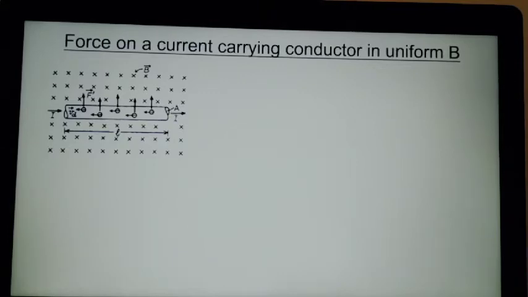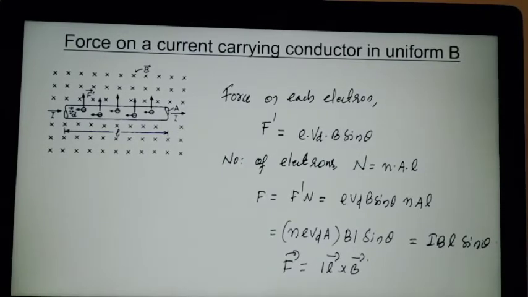F dash is equal to Q into V cross B according to the above equation, that is the force on a moving charge in an external magnetic field. F is equal to Q into V cross B. What is Q here? Q is the charge of the particle. Here it is electron, so electronic charge.